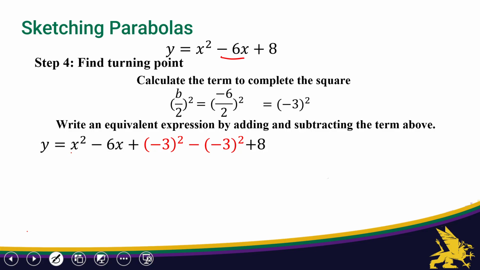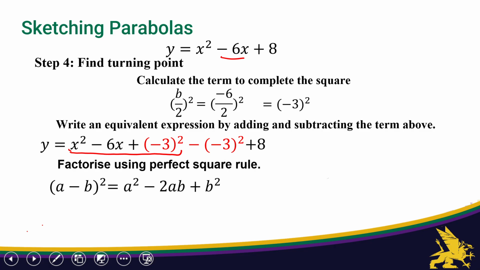This is what we always do at first, because the first part here is going to be using our perfect square rule, which is a minus b squared equals a squared minus 2ab plus b squared. The final step is we are just going to use that rule and leave the left over on the right-hand side.